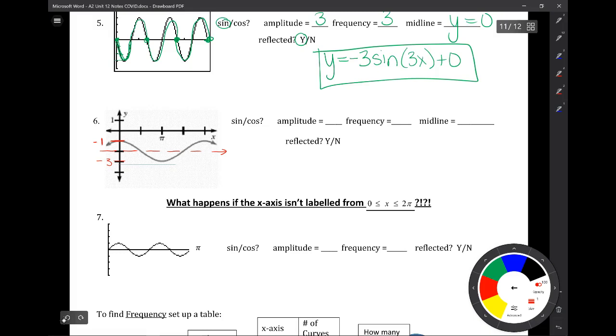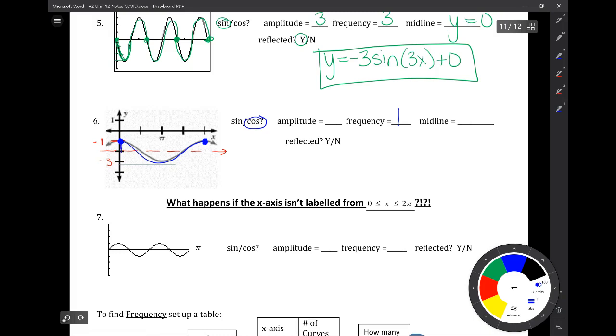All right, so we are looking at, it starts here, above our midline. We go down and we come back up, and it ends by the time we get to 2 pi. So that is one full curve. That is a cosine curve because it starts above our midline.